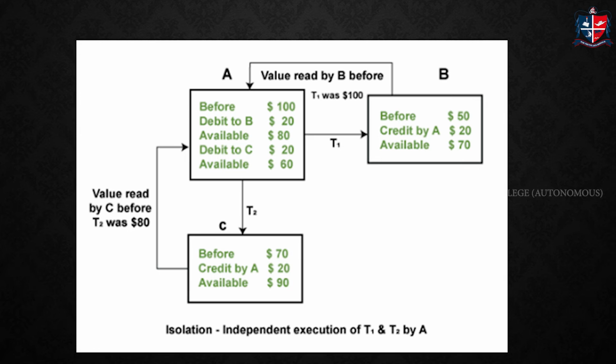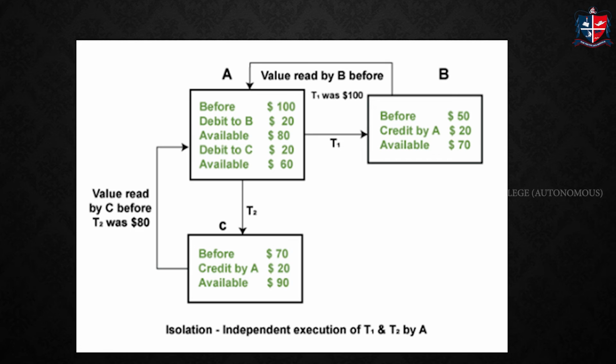The value read by B before T1 was 100. Before this transaction happens, the value of A was 100. The second transaction is T2.